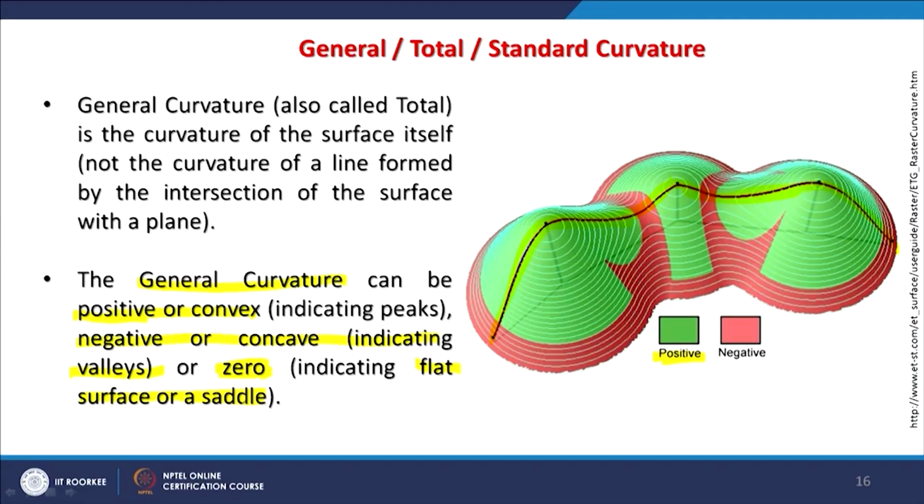So, when this general curvature is concave or convex, that is positive, indicating peaks, it means that applying this analysis to digital elevation models, we can also identify which are the peaks and which are the valleys. That is what is part of our terrain analysis.